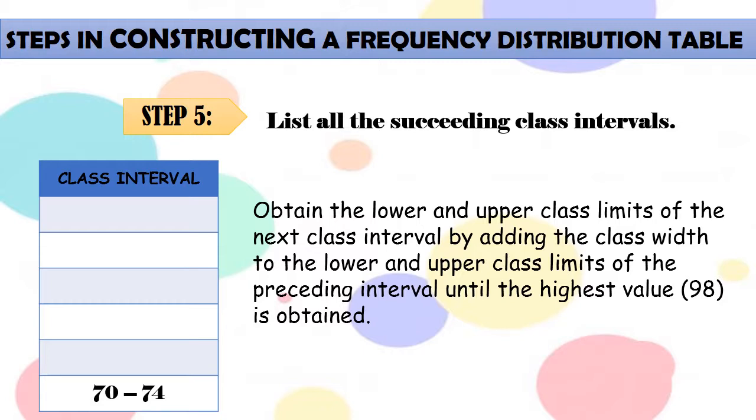If we add 5 to the lower and upper class limit, we have 75 to 79. And so on until we get 95 to 99, wherein the highest value, 98, is located on the last class interval, 95 to 99.